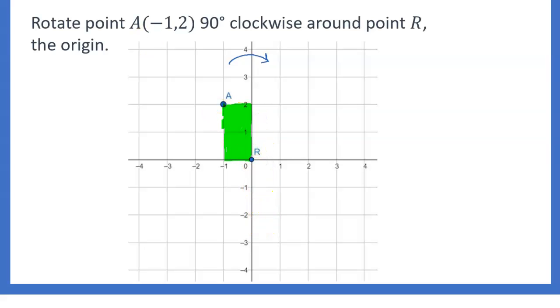That means when we rotate it, it's going to become 2 wide, 1 tall. It's going to be rotated onto its side, like that. Our new corner here is now 2, 1. That's the location of our image A prime.